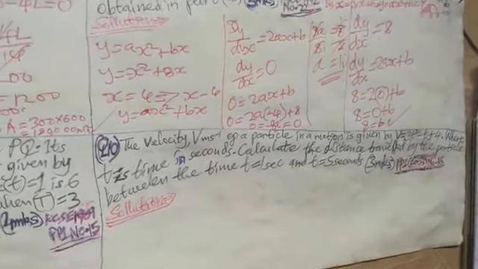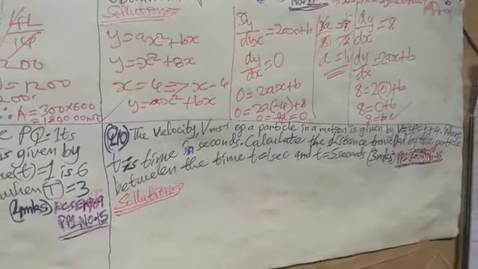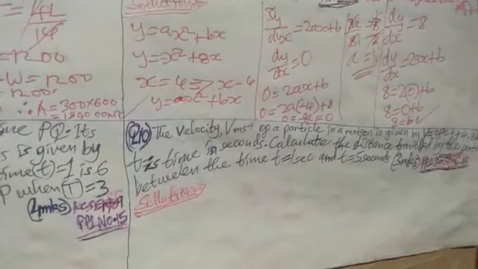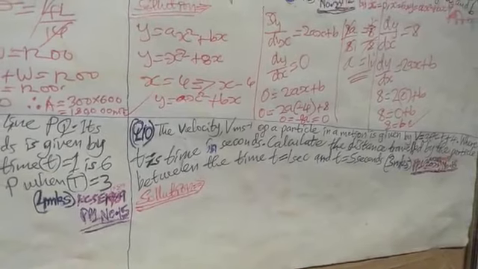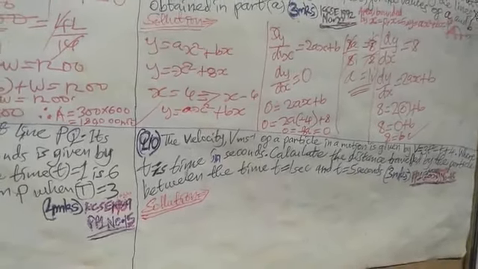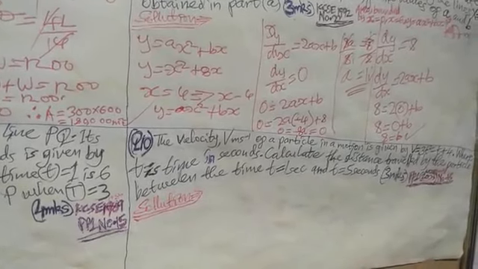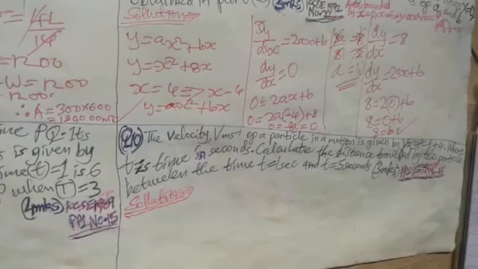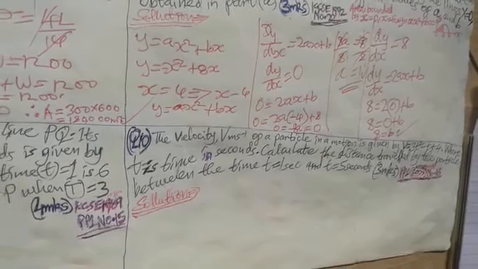This is an integration question, though we have been given the equation of velocity to be 3t squared minus t plus 4, but we need distance from time t equals 1 to time t equals 5.